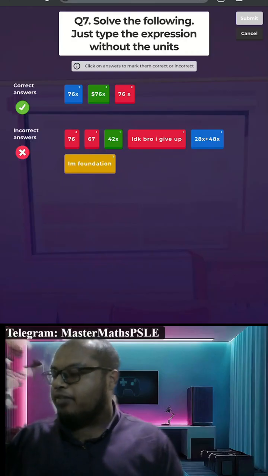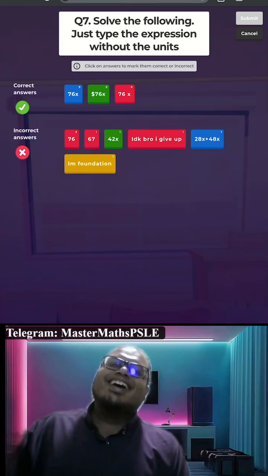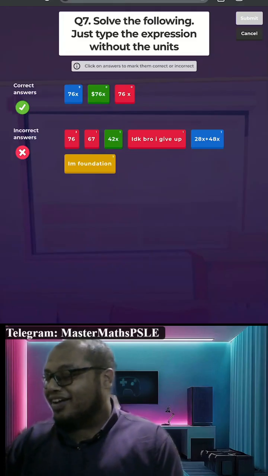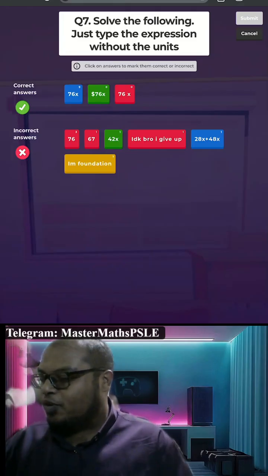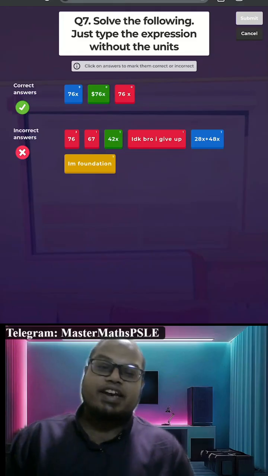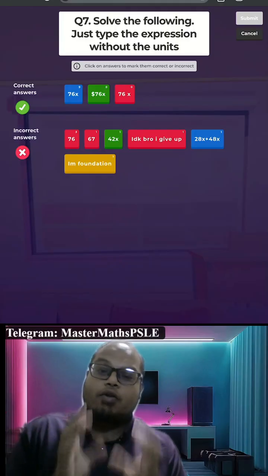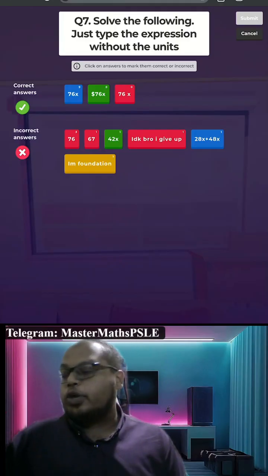So one of you put 28x plus 48x. You can add it when it's of the same alphabet. So you're very close.